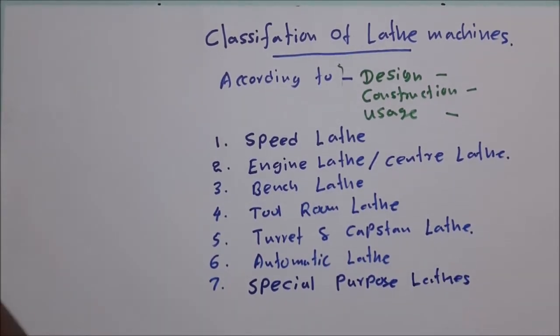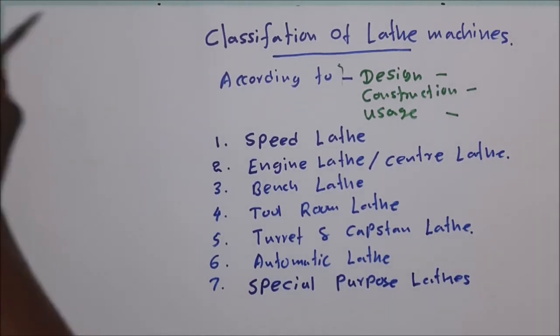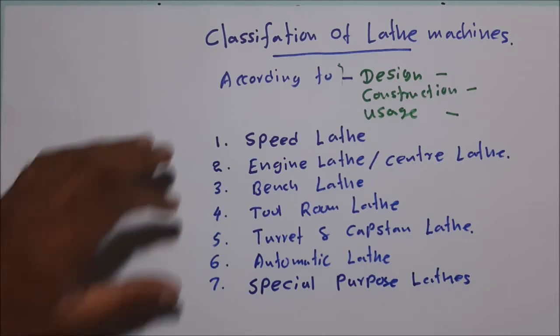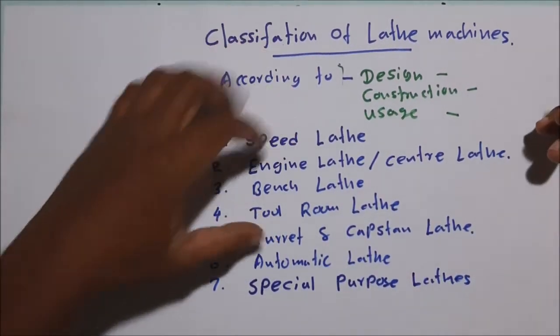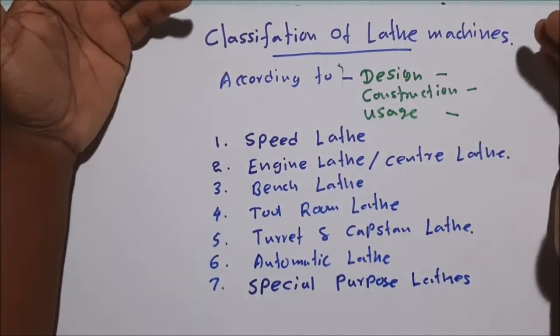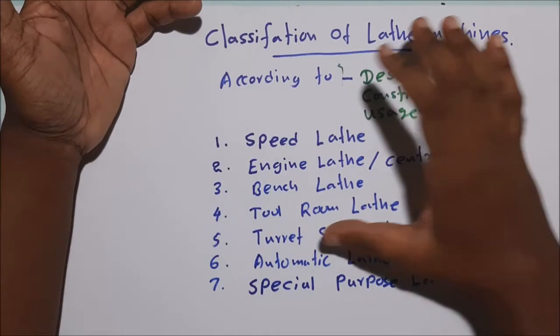Okay, these are the 7 classifications we can divide the lathe machines into. Speed lathe, engine lathe, which is also called the center lathe, the bench type lathe, tool room lathe, and turret and capstan lathe.